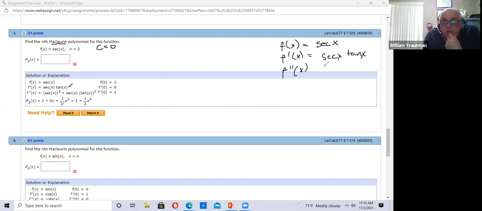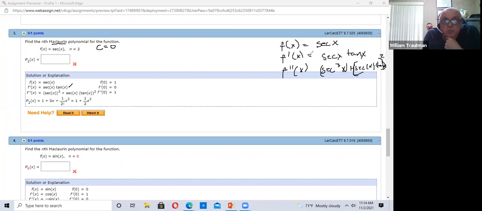Try using the product rule and you should get secant cubed x plus secant x tangent x squared. Sorry, I'm running out of room. The tangent x is squared, not the secant cubed.